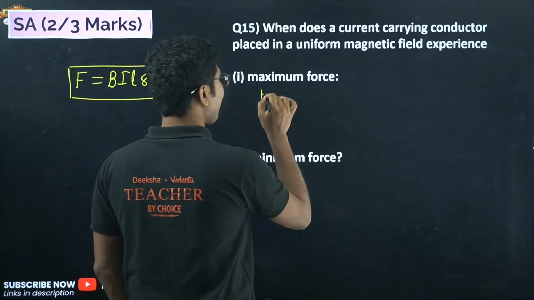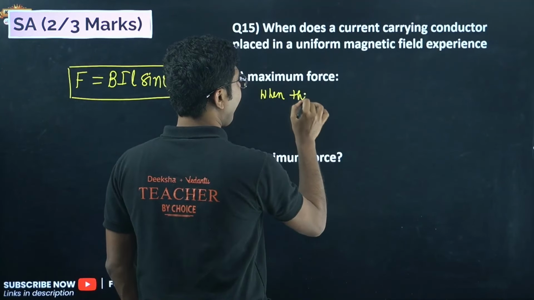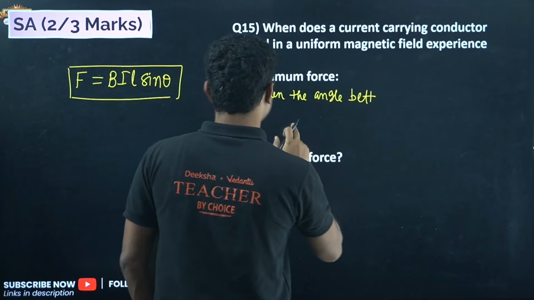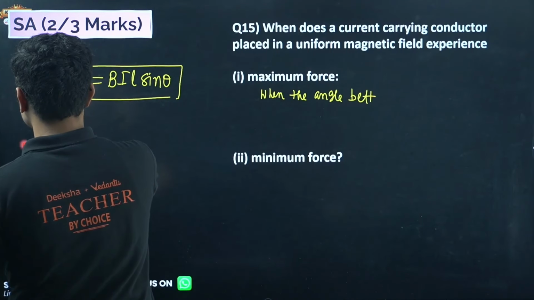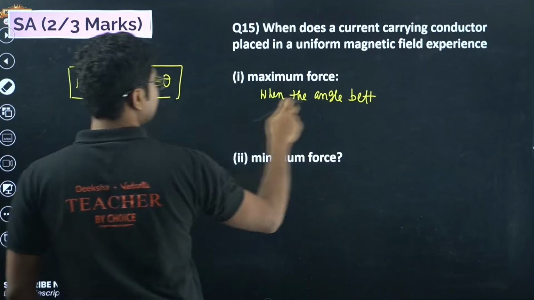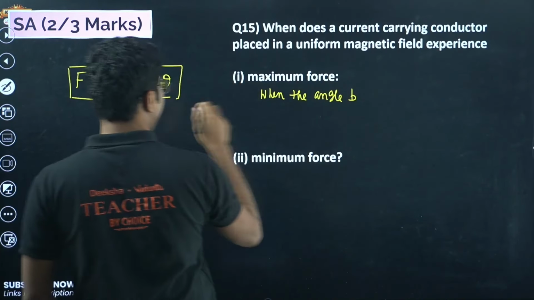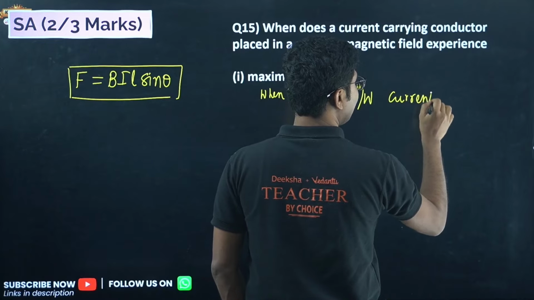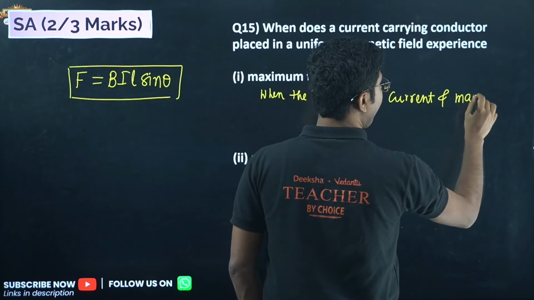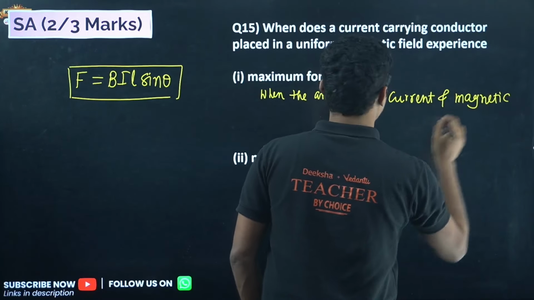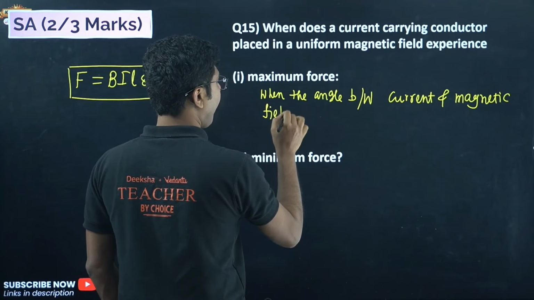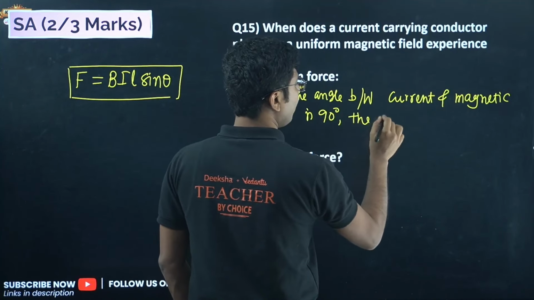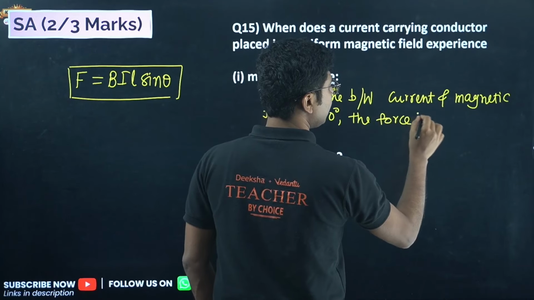When the angle between current and magnetic field is 90 degrees, the force is maximum.